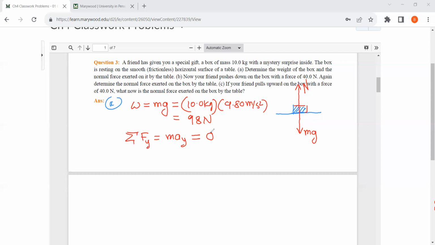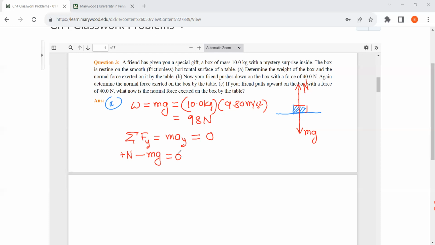Now on the left hand side we have to explicitly write the components. So we have normal force in the positive y direction, and gravity in the negative y direction. So this is the equation.